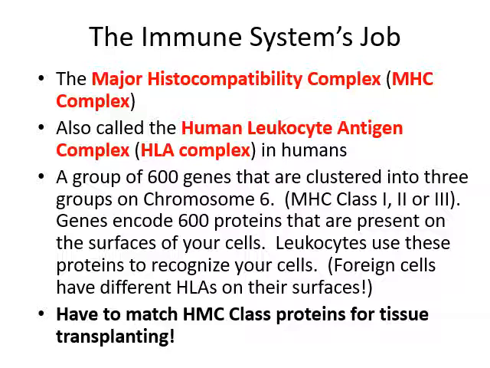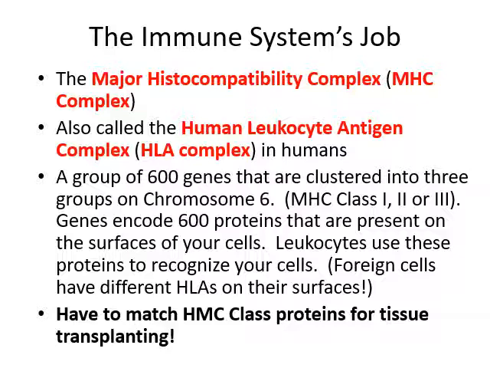Generally speaking, the closer a person is related to you, the more of the MHC class proteins match. The only person who has exactly the same MHC class as you do is your identical twin. So identical twins can donate organs to each other without any problem at all, whereas fraternal twins can donate organs to each other, but they may be rejected a little bit by the body's immune system.